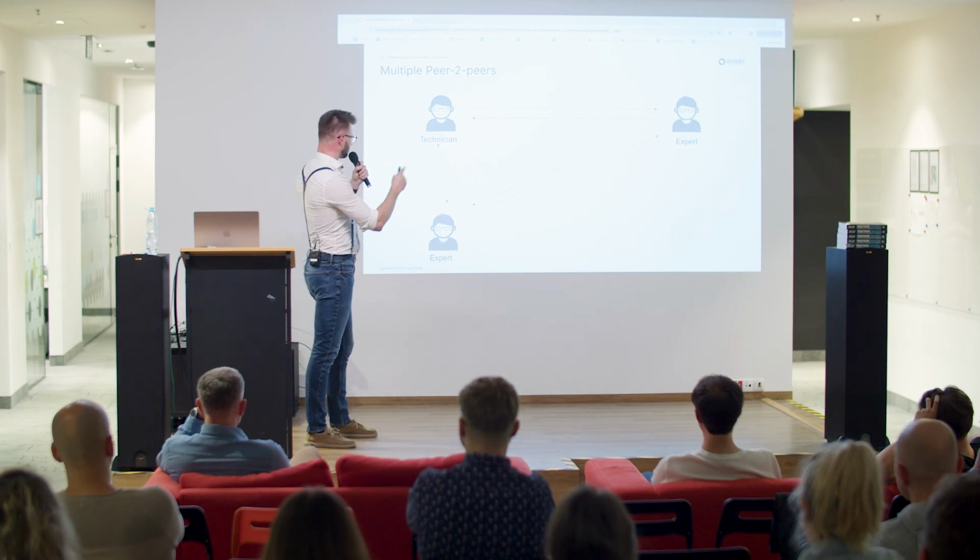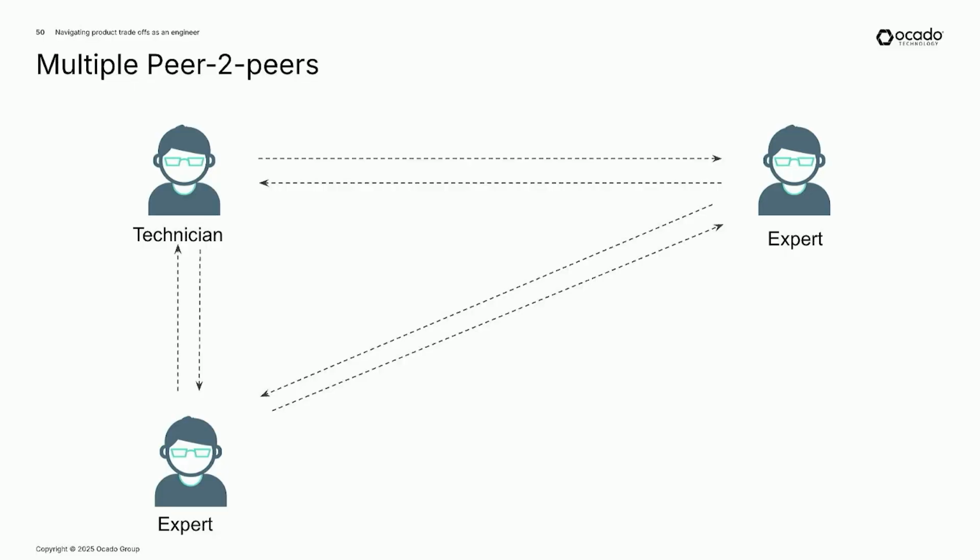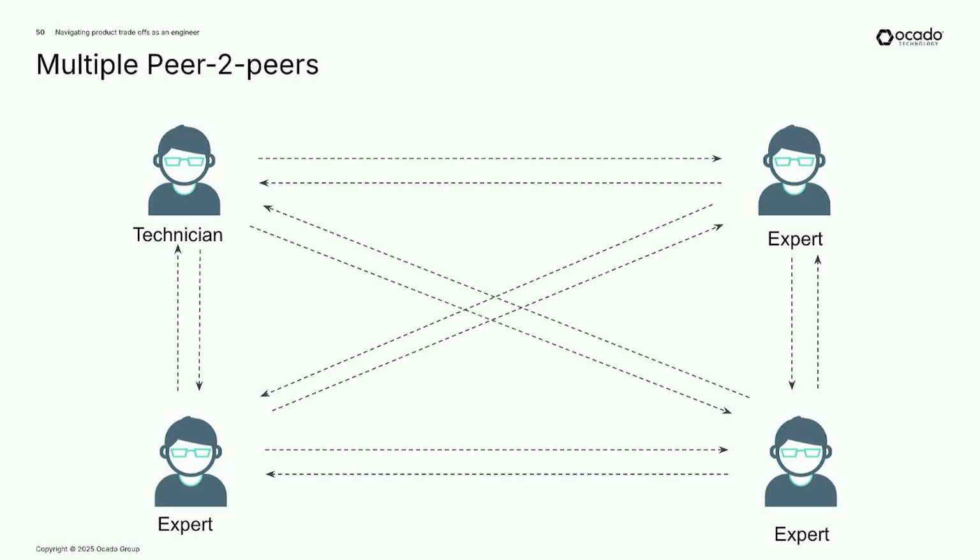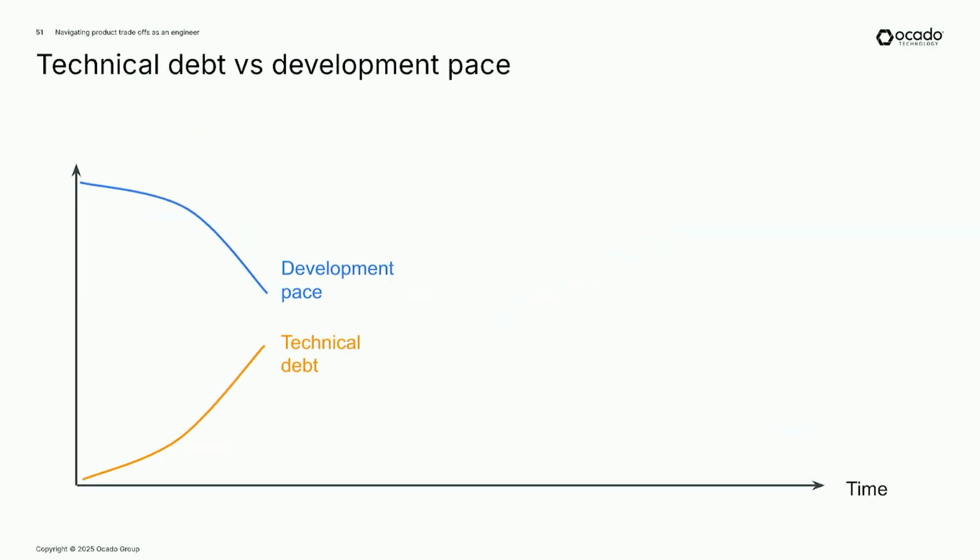But if there were three people involved, it required more and more connections. With four people, it got really, really complicated. The application was not really efficient, and we realized that our chart looked a little bit like this.